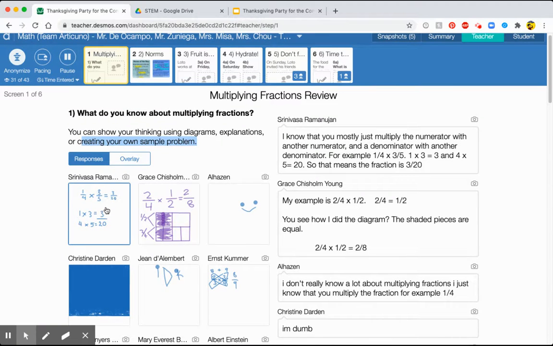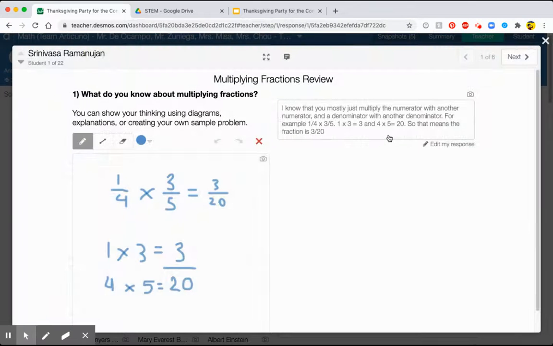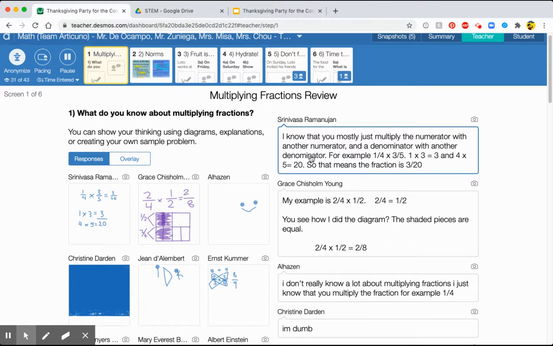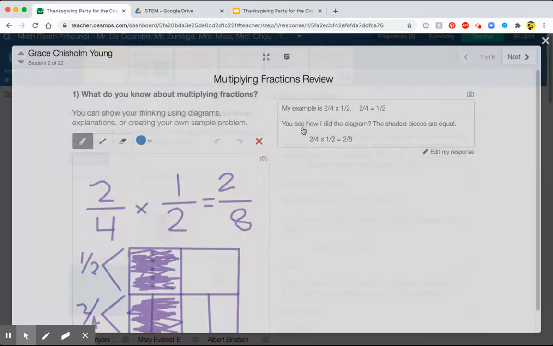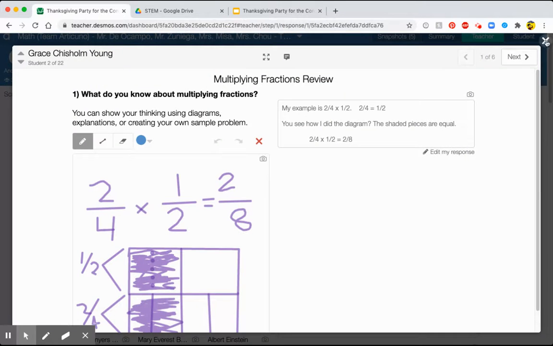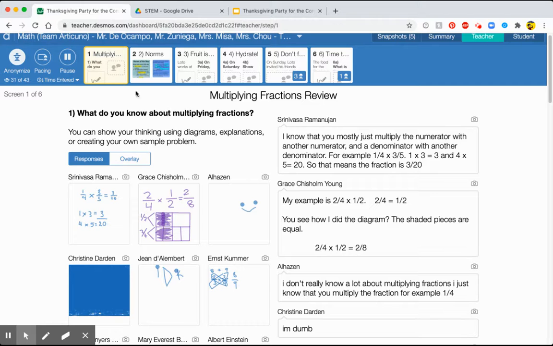Your classmates also came up with some examples, and they were also coming up with visual examples as well. So that was number 1.